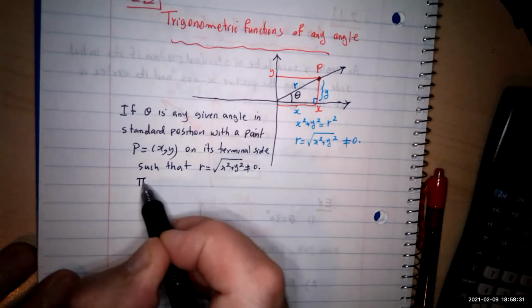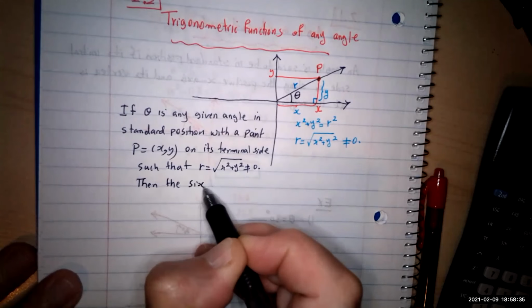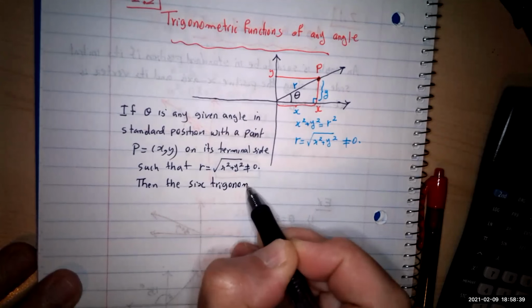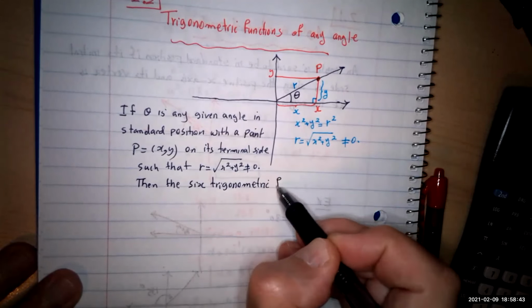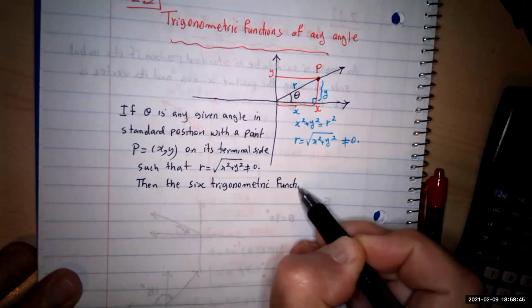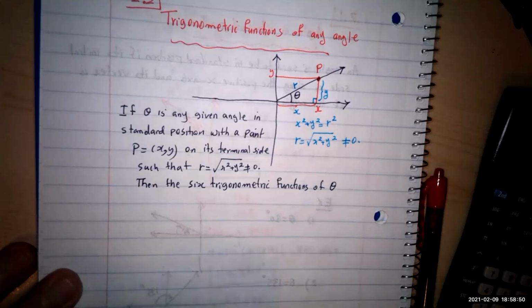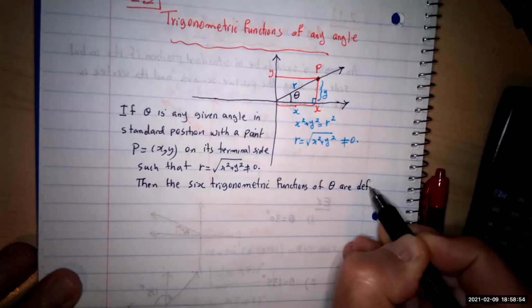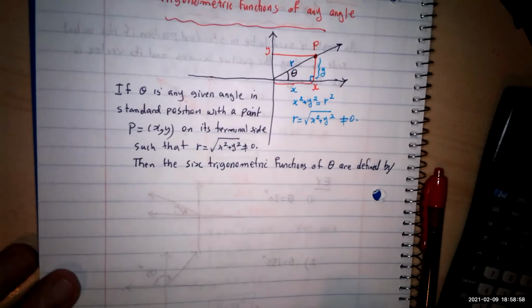The six trigonometric functions of theta are defined like the triangle that we have.